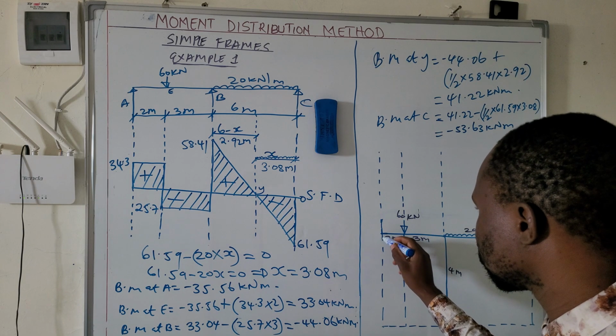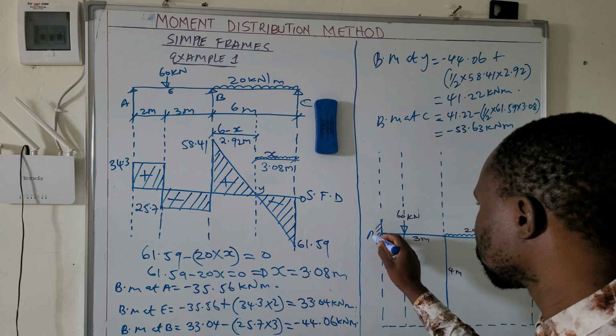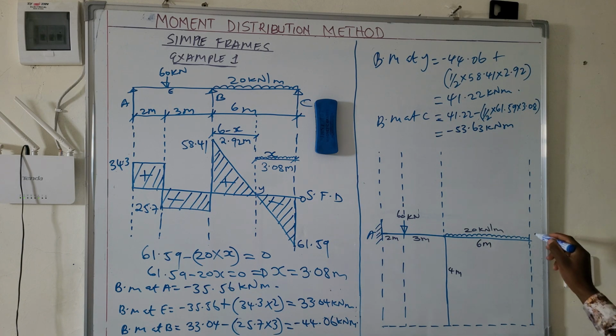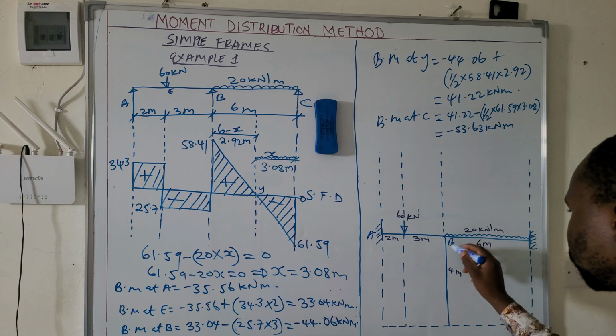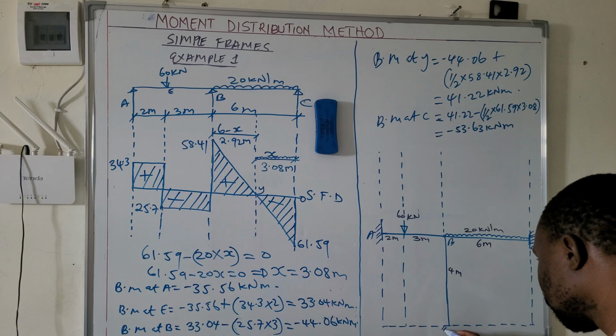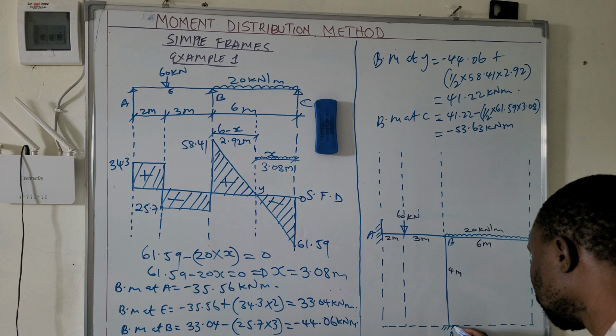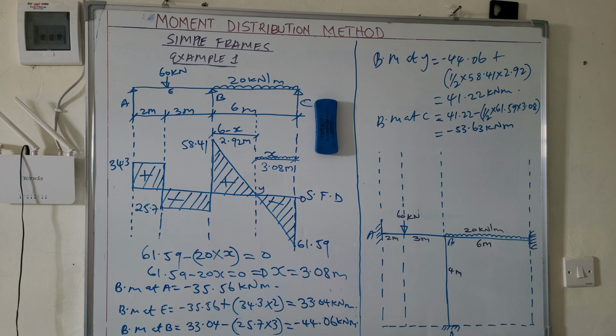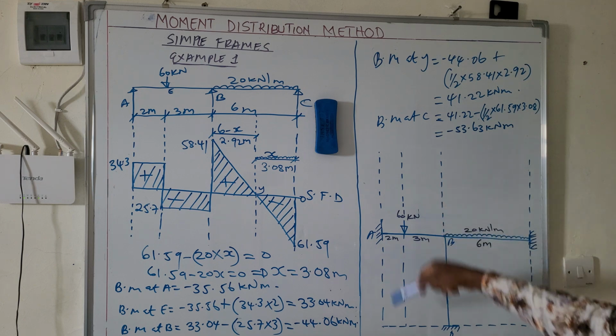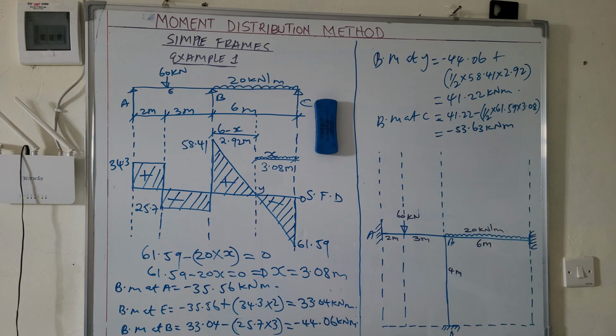This was A. This was B. Now this was C. This is B. And this is D. So this is the original frame. And then just extend the line like that to allow you to draw a bending moment diagram.